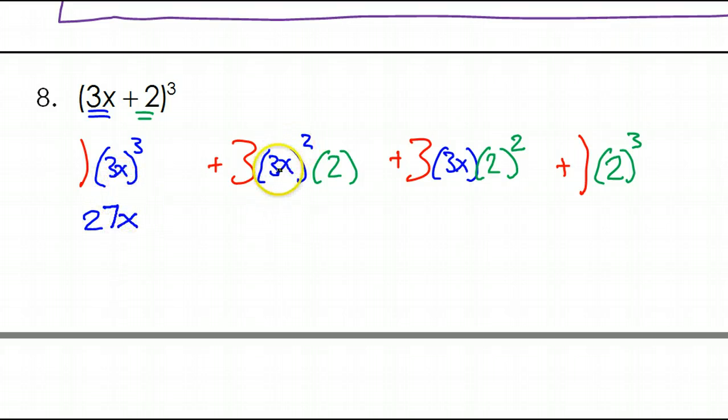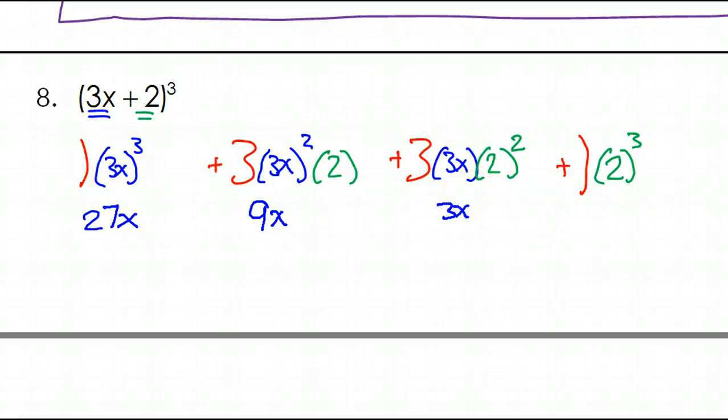Similarly, 3x squared, that's 3 squared and x squared. 3 squared is 9, so this will be 9x squared. Okay? And then over here, it's just 3x. It doesn't have a power. So I've simplified all the blue stuff now.